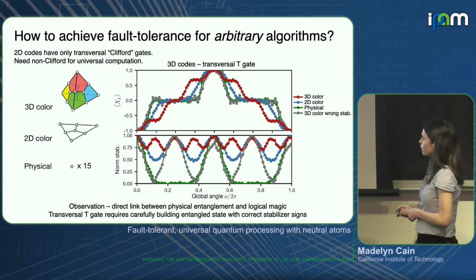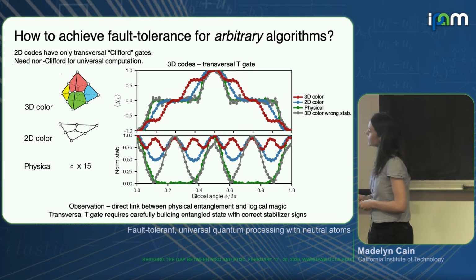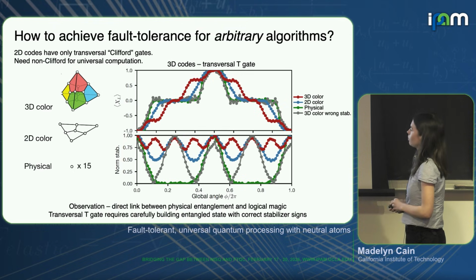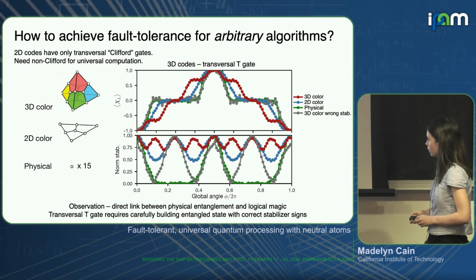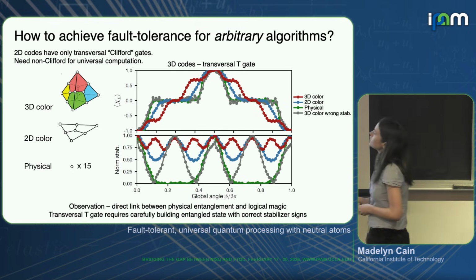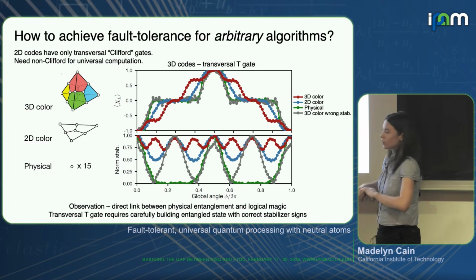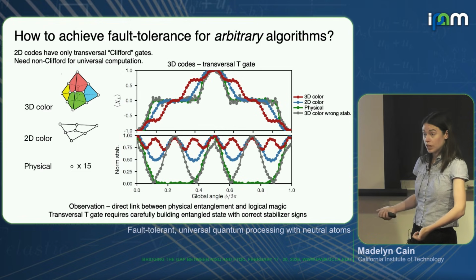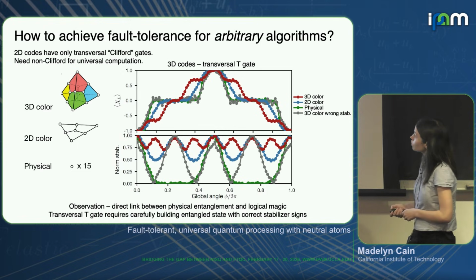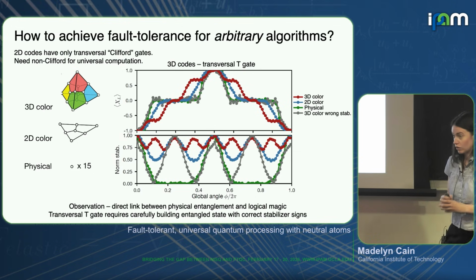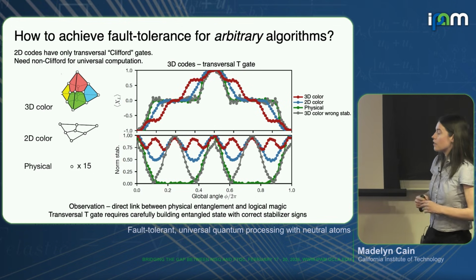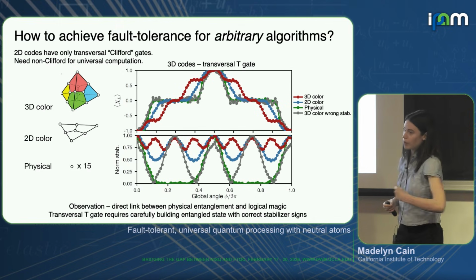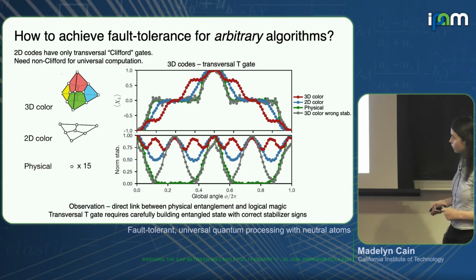Another interesting thing that we observed is that there's really a direct link between the physical entanglement of the code and your logical magic. Because in the two-dimensional setting for Clifford transversal gates, you actually don't need to prepare your stabilizers to be +1 in order to execute this transversal Clifford gate correctly. And this is because if your stabilizer is -1, you can track its propagation deterministically through the gate.